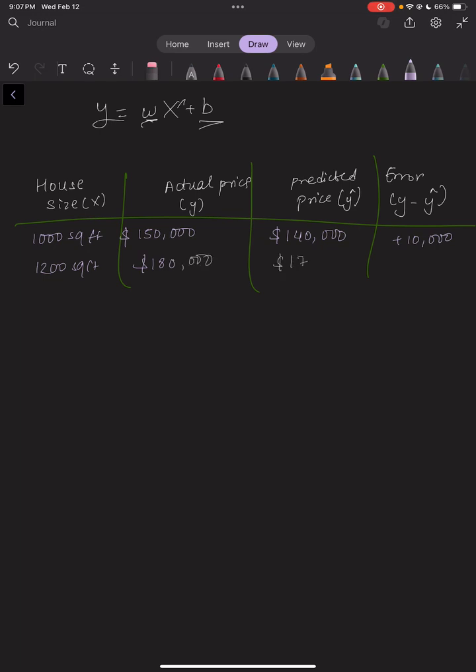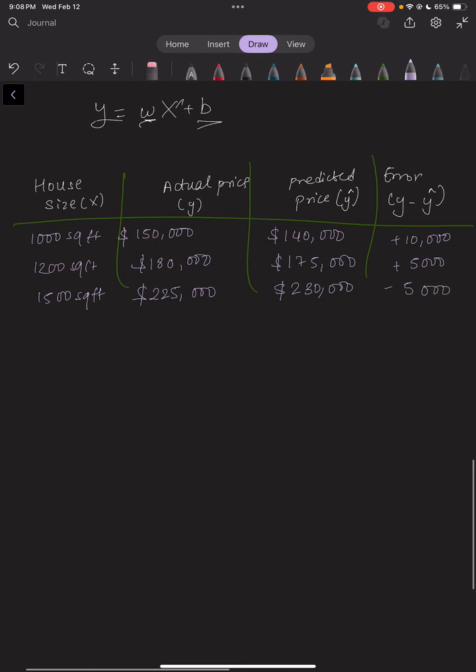Our model predicted 175K, so we were off by 5K. And then finally, we have this house which got sold for 225K, but the predicted price was 230K, and the error is 5K. So each prediction is off by some amount, right?